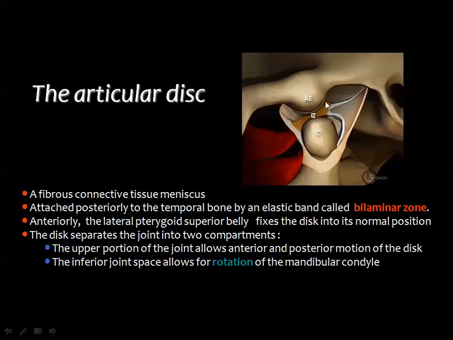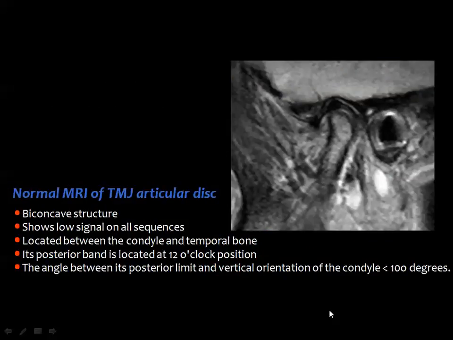This is an anterior and posterior motion, and this is rotational movement of the mandibular head. The most suitable view by MRI to examine the temporomandibular joint is the sagittal oblique view, which is taken perpendicular to the head of the mandible or to the joint line in the axial view.